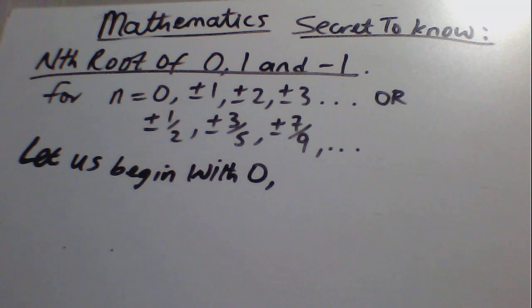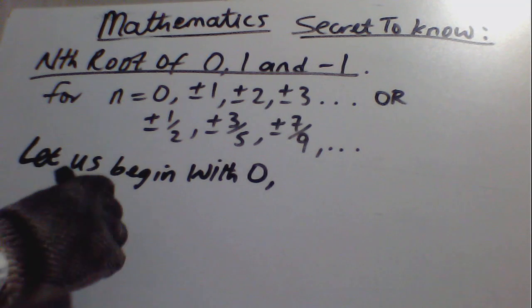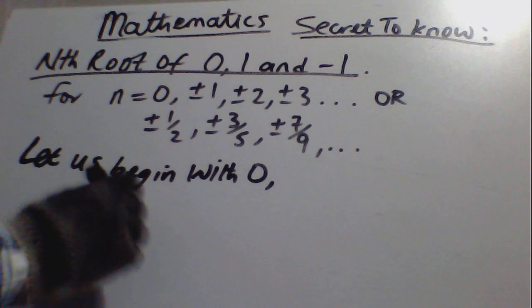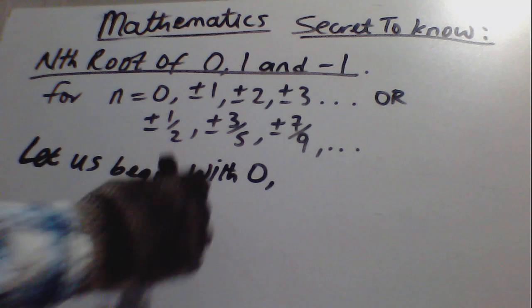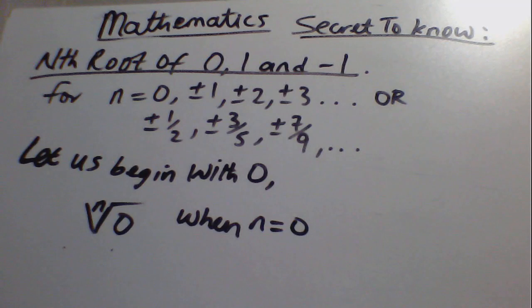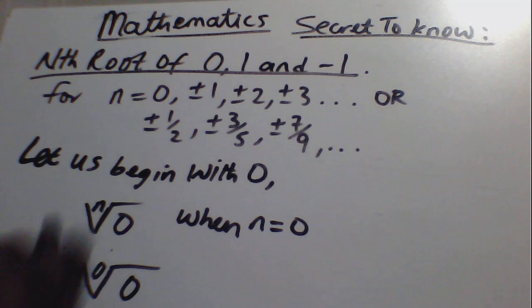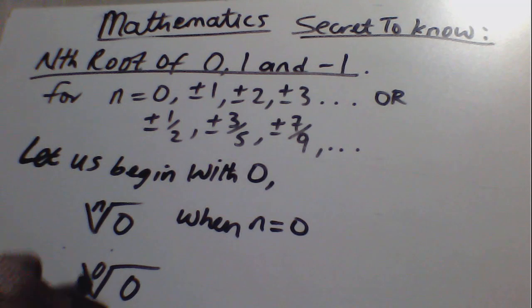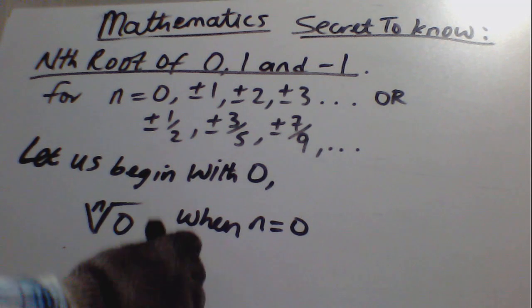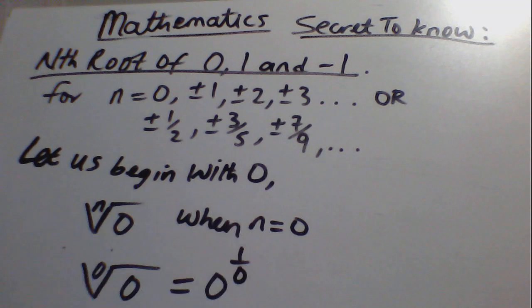So let's begin with the nth root of 0. We can select when n is equal to 0. If n is equal to 0, the root of 0 is equal to 0 raised to the power 1 over 0.